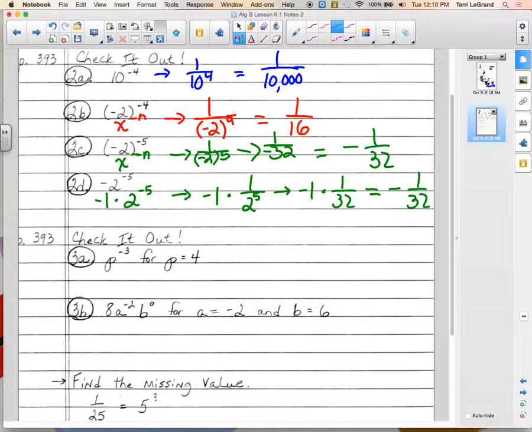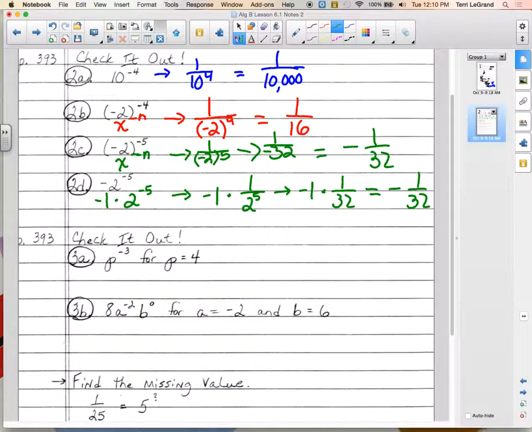Okay, now, some of you in here maybe right now are like, oh, wait a minute, you just said there was a difference between when there's parentheses there and when there's not. Didn't I say that? And now we end up getting the same answer when there were parentheses and when there weren't. Wait a minute, what are you talking about? Am I talking out of both sides of my mouth, or what's going on?